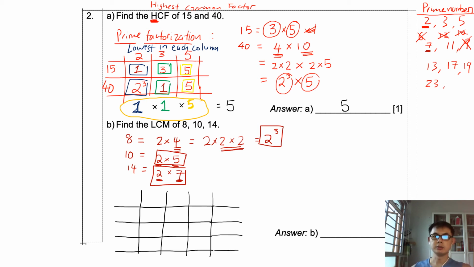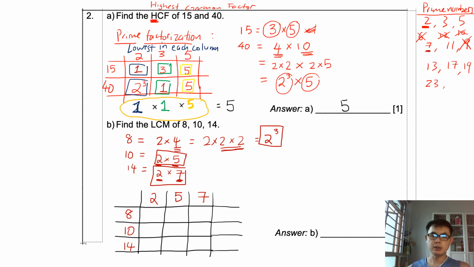Okay, so now we have 8, 10, 14. Okay, and we want to put in the numbers here. So it's 2. We see a lot of 2s, and we see 5. And then we also see 7. Okay, there is nothing else. I don't see anything else.